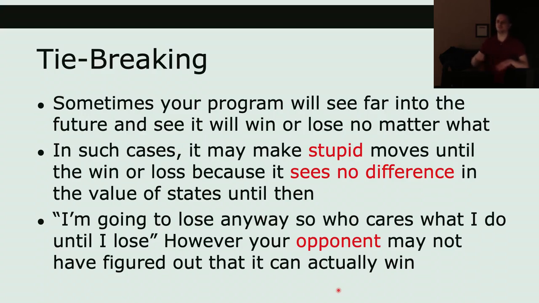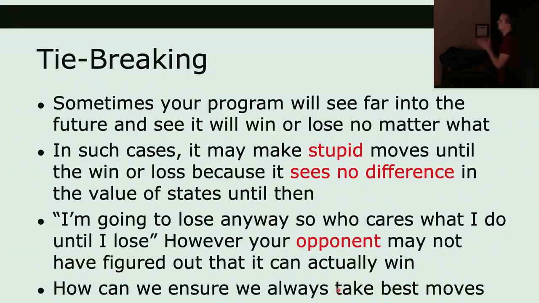So if you just have this defeatist attitude, well, I'm going to lose anyway, I might as well just make a random move. The reason for that is because the evaluations are all negative 10,000. Obviously we're anthropomorphizing here by saying it has a defeatist attitude, but it literally doesn't see any difference between any of the moves because they all lead to failure.